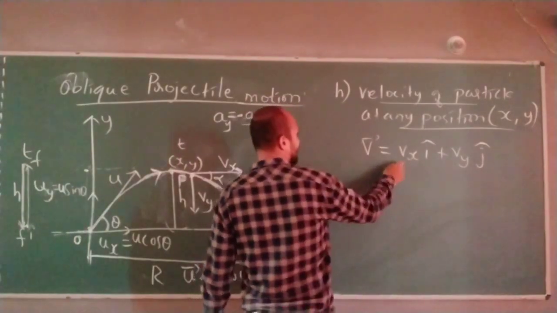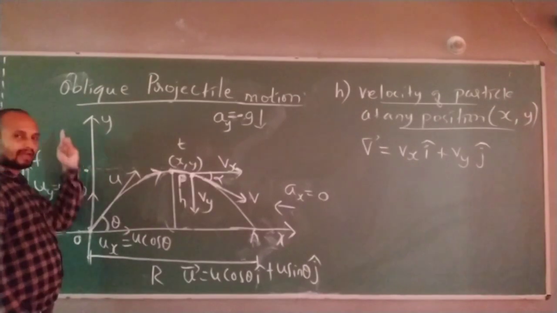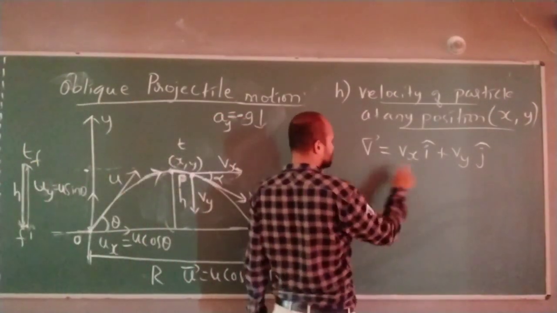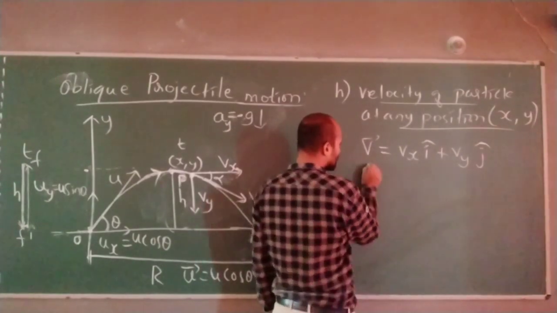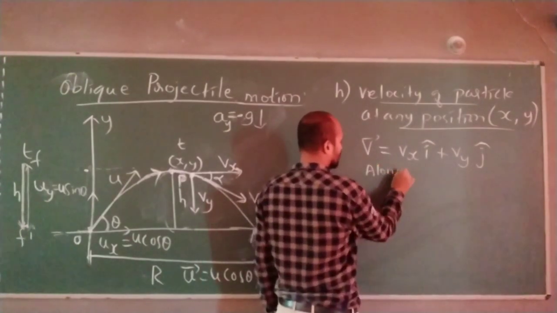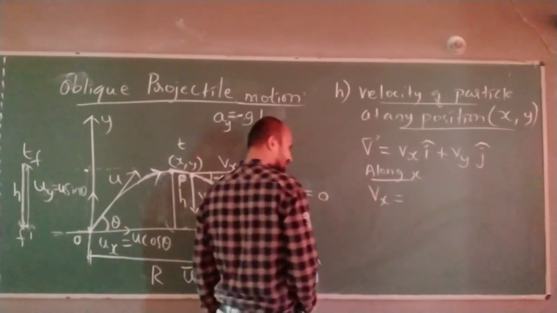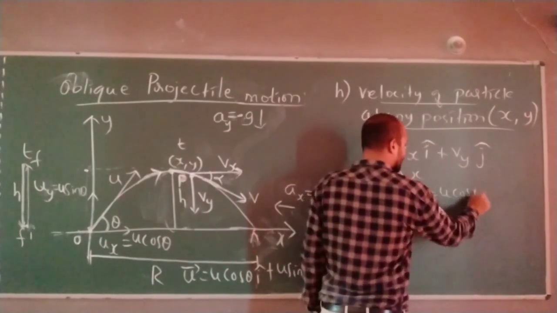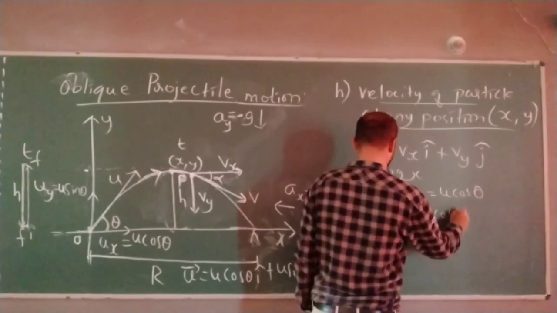What is i cap? The direction along the x axis. What is j cap? The direction along the y axis. Now, Vx along x will be equal to u cos theta.